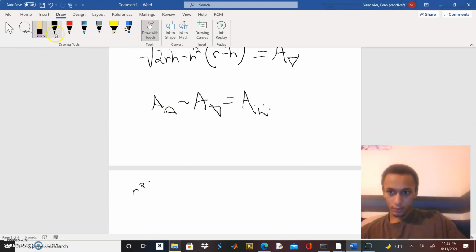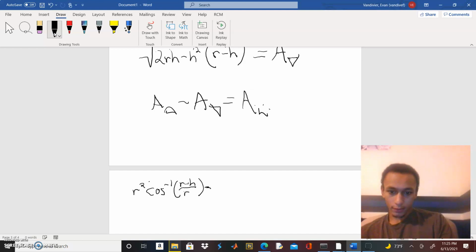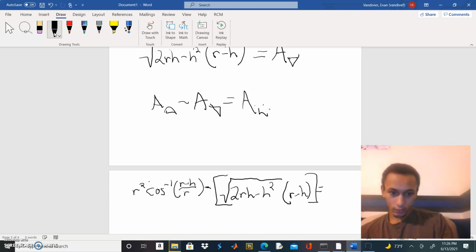Squared cosine inverse of r minus h over r, minus, so big brackets, square root of 2rh minus h squared. This is equal to A of h.